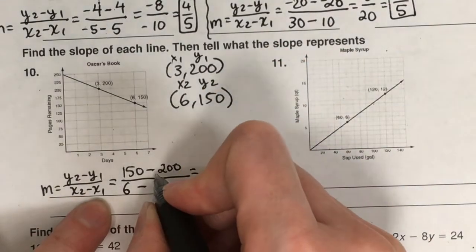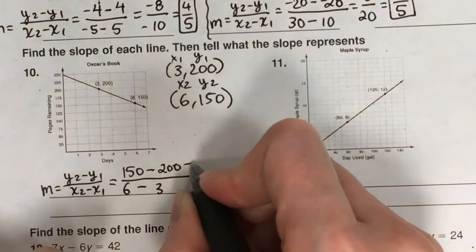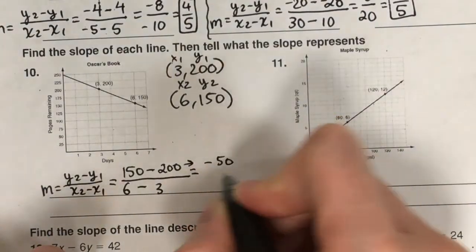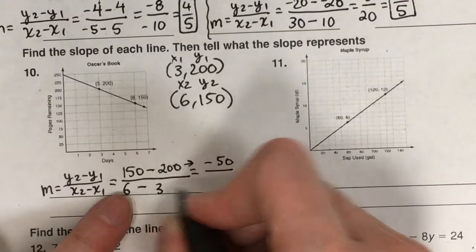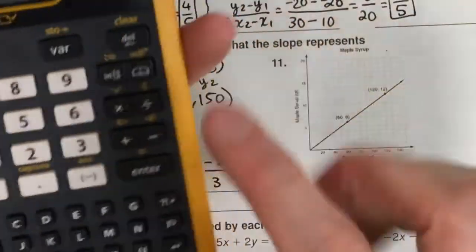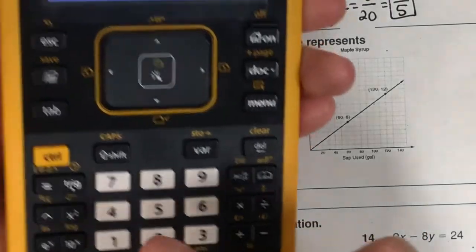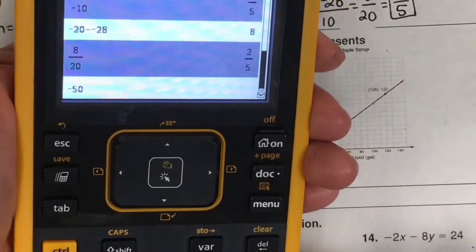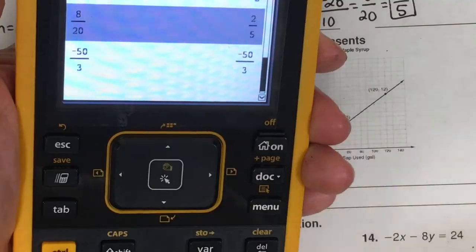So 150 minus 200 is -50, divided by 6 minus 3 is 3. And -50 divided by 3 is the same.